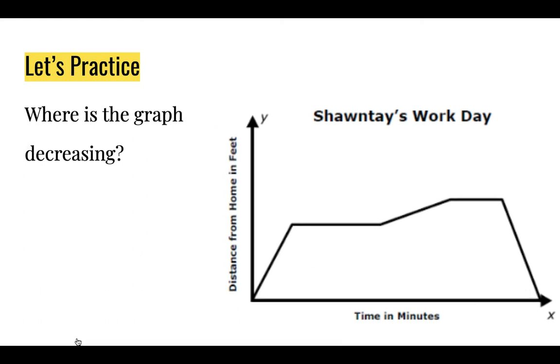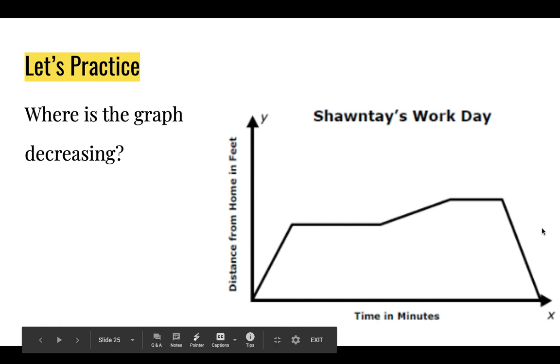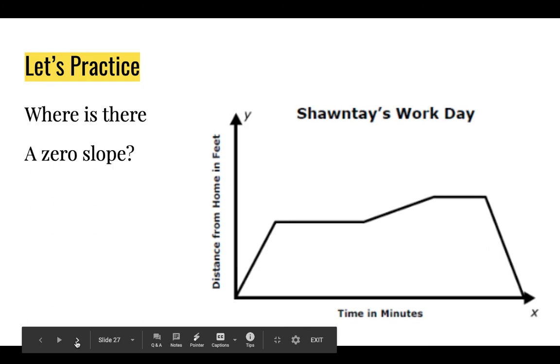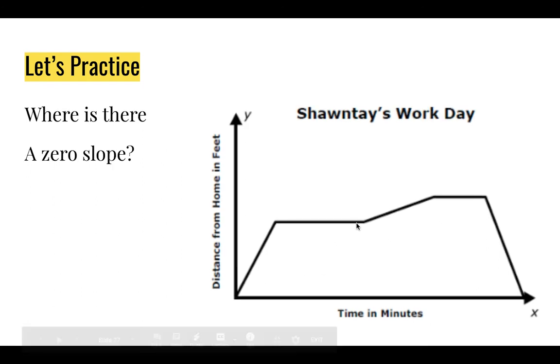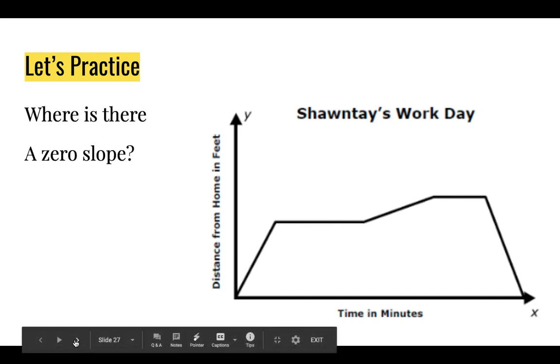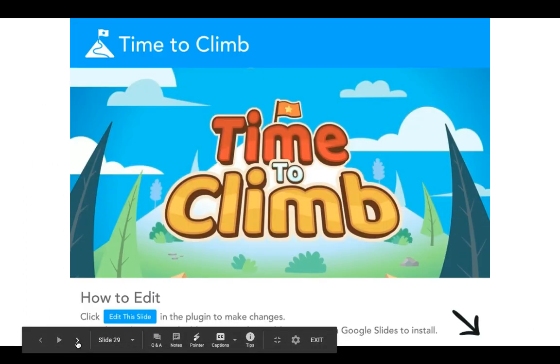Where is the graph decreasing? The graph is decreasing at the end as she heads back home. Where is the zero slope? There's a zero slope here, and there's a zero slope here.